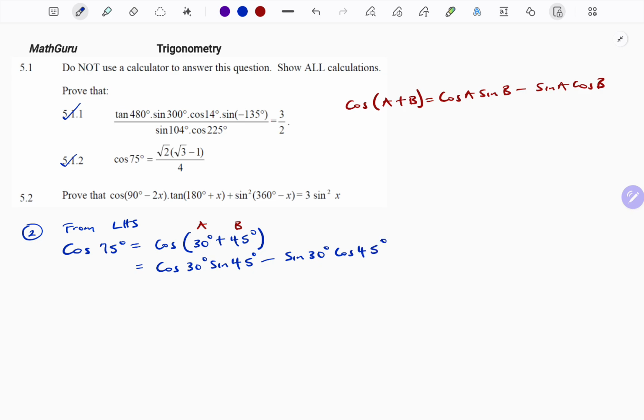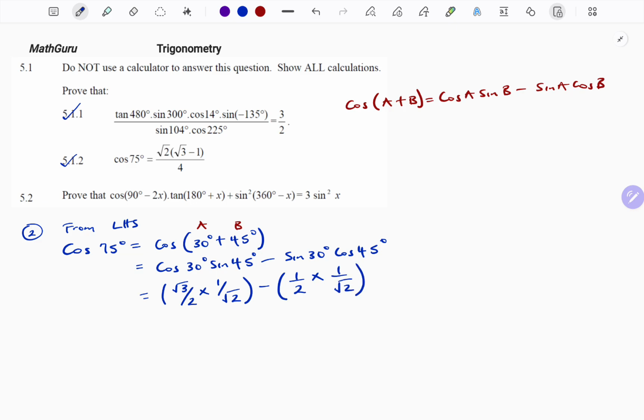I'm going to be using my special angle triangle again, such that I have cos 30. I'll put that in a bracket. That's root 3 over 2 times the cos of 45, that's 1 over root 2, minus, then I have sine 30, that's a half, 1 over 2 times sine of 45 degrees, 1 over root 2.